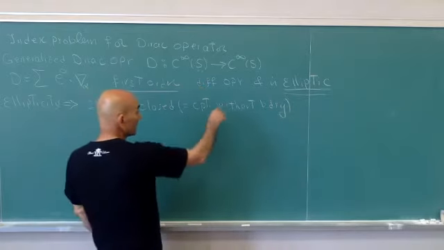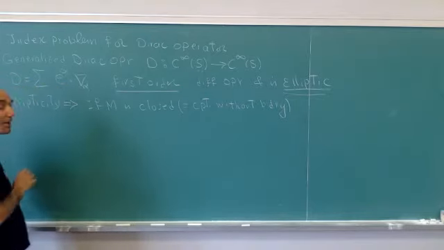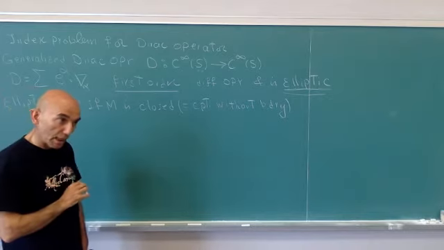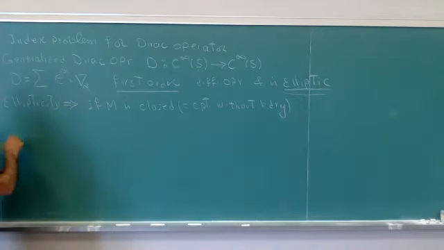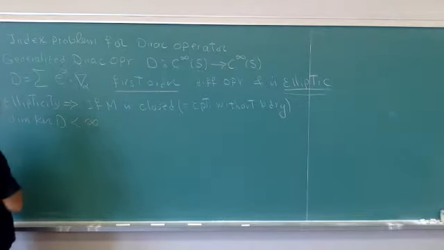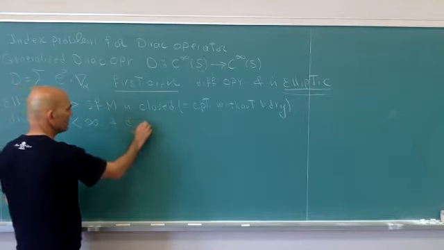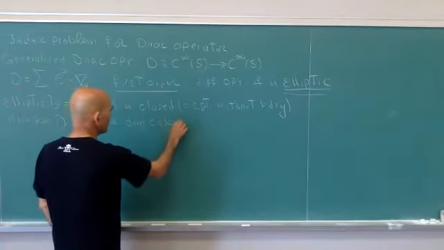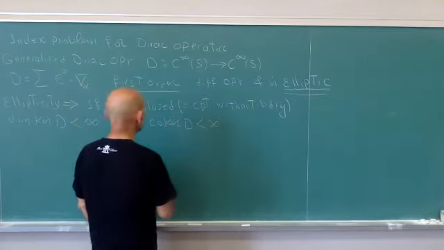So this ellipticity implies that this D has finite dimensional kernel and finite dimensional co-kernel. So this implies that the dimension of the kernel of D is less than infinity, and the dimension of the co-kernel of D is also less than infinity.